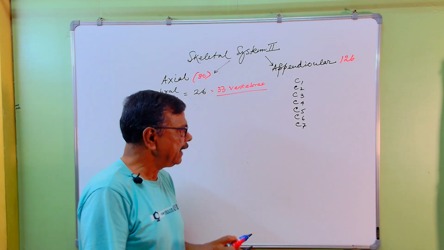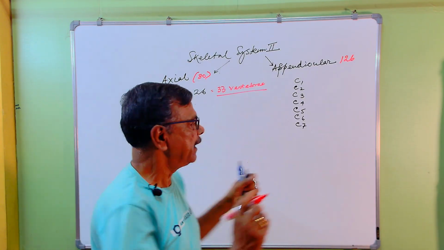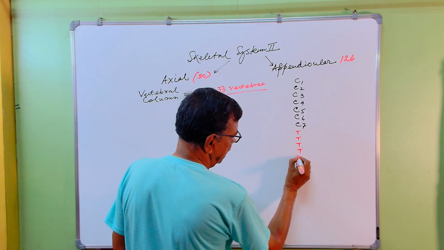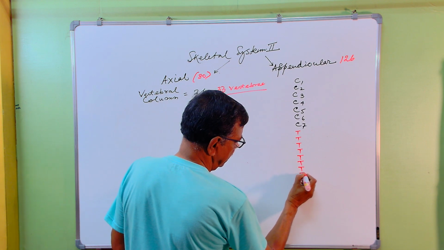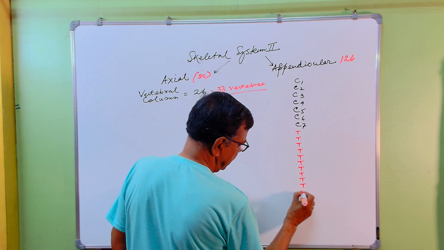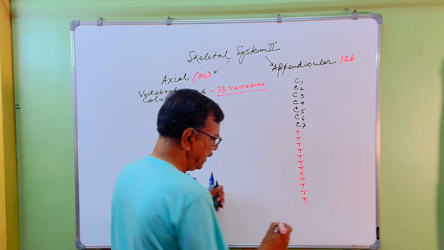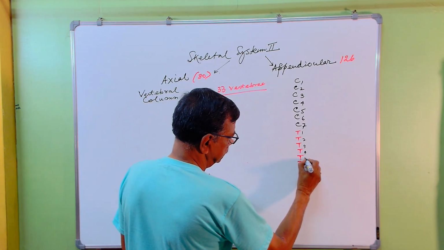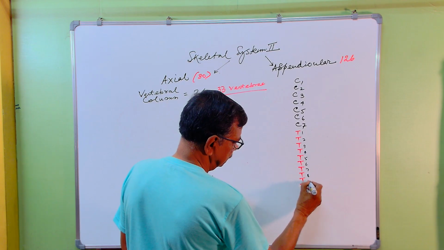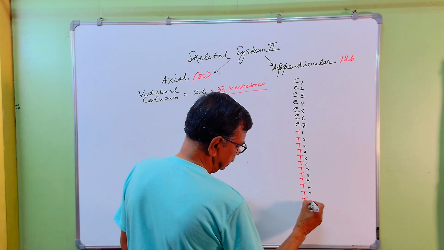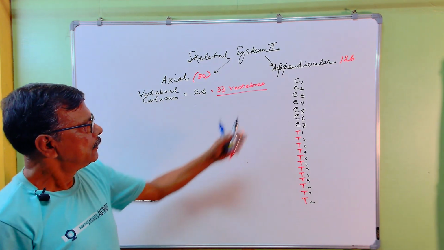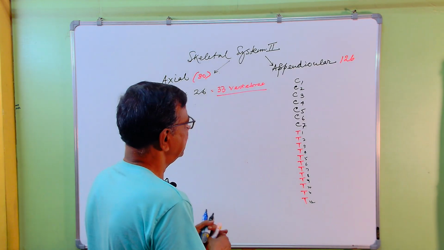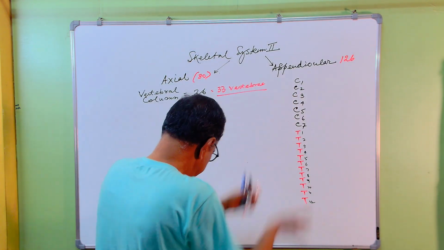Then, after the cervical vertebrae, there is the thoracic vertebra. So I am writing thoracic, and there are 12 thoracic vertebrae. So cervical, thoracic, then comes lumbar.